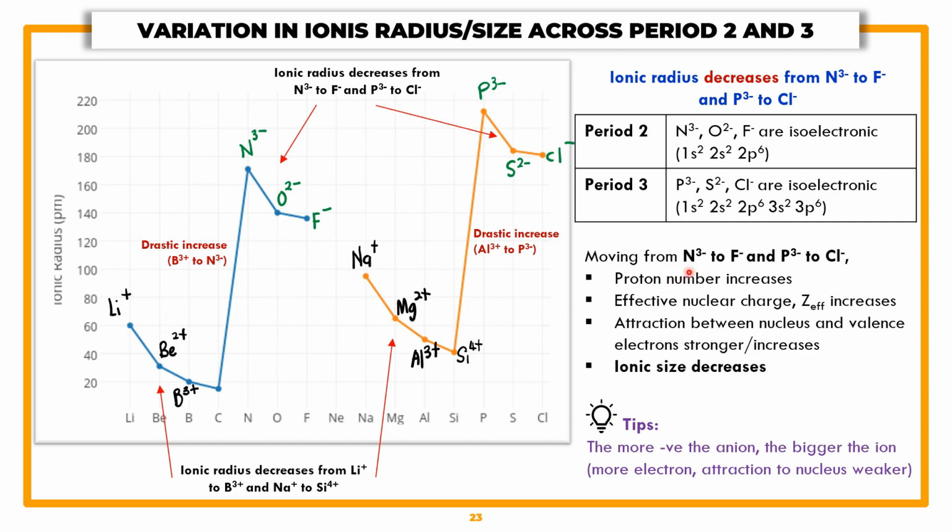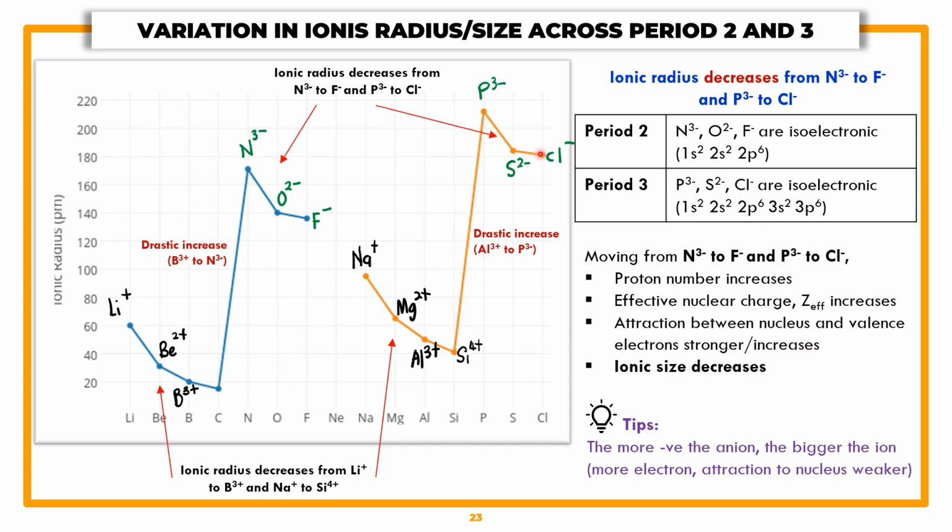So moving from nitrogen to fluorine ion and phosphorus to chlorine ion, proton number will increase. So when the proton number increases, so definitely effective nuclear charge Zeff will increase. So Zeff increases menunjukkan bahawa from the more negative ion to less negative ion, attraction between the remaining electron here with the nucleus will be stronger or increases.